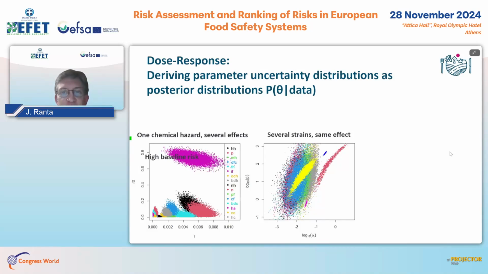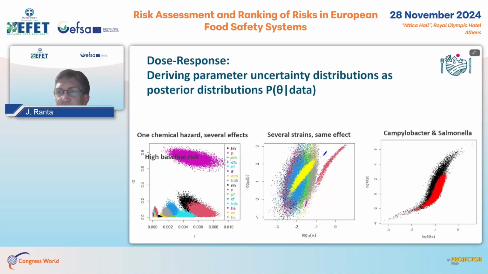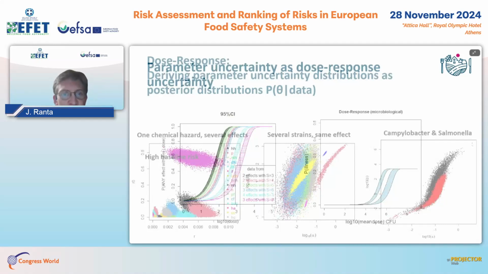But here we have the same effect, the illness or infection. For example, this picture could be comparing Campylobacter and Salmonella, estimation of the dose response parameters and the uncertainties about those. All of these things can be calculated by using existing estimation methods, and this can be translated into uncertainties of the dose response functions.